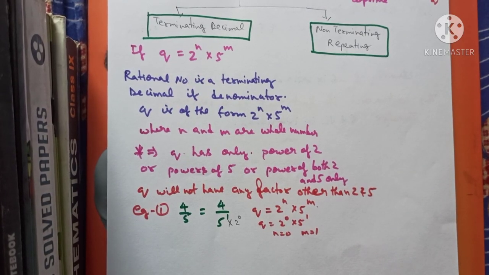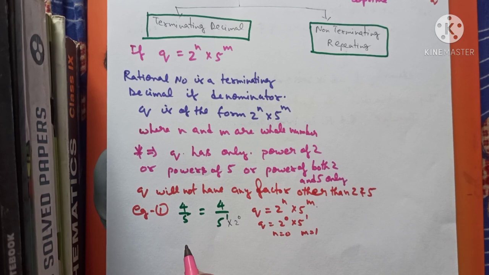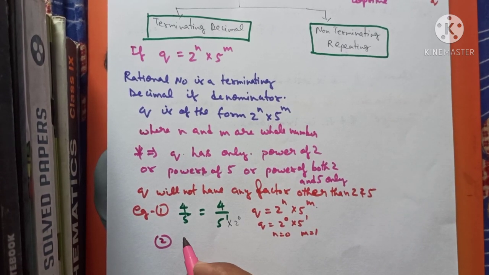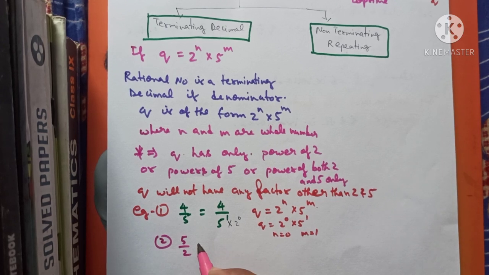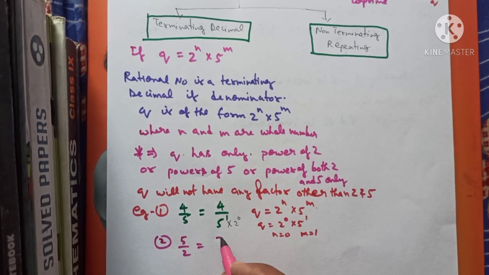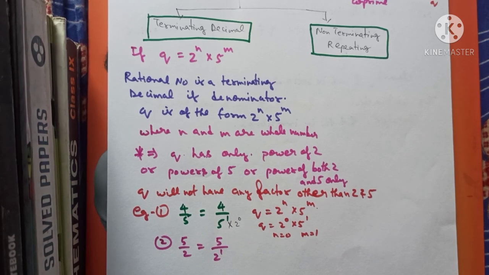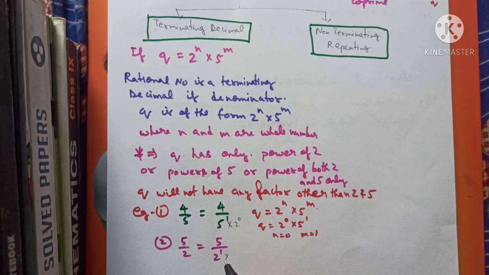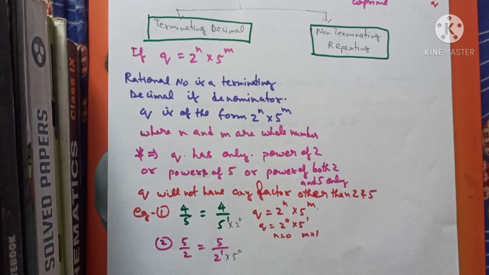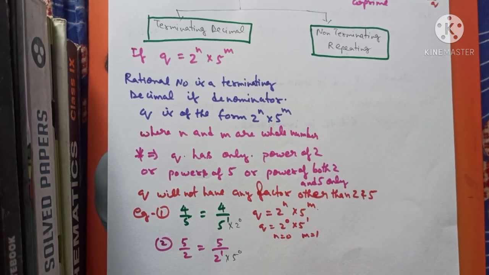Understood? Second example. Example number 2. Let's take 5 upon 2. In case of 5 upon 2, we can write it as 5 upon 2 raised to the power 1. So again, it can be written as 2 raised to power 1 into 5 raised to power 0. Any number raised to power 0 is 1, so 5 raised to power 0 is also 1.